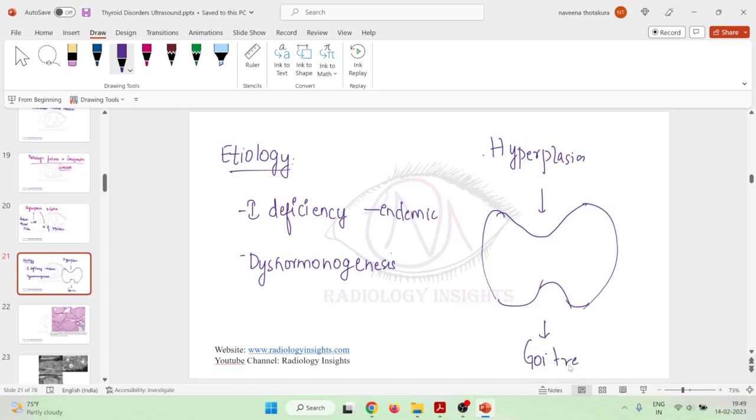When the volume of the thyroid gland increases diffusely, then we call it a goiter. This goiter is most commonly seen in the age group of 35 to 50 years, and more commonly in women than men.